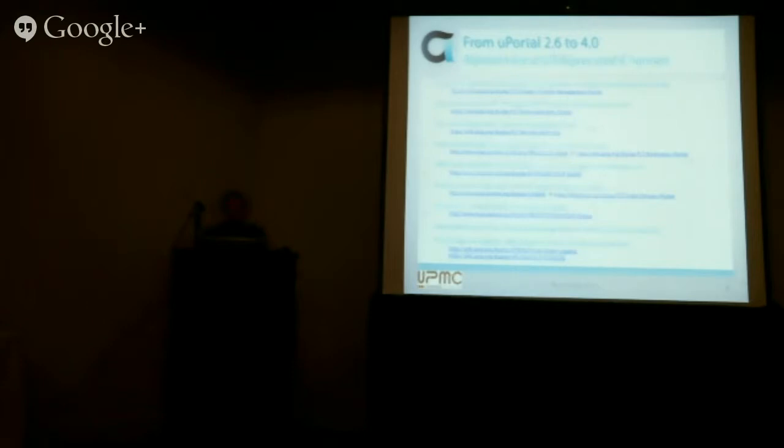We replaced our provider portlet by a simple content management portlet. We replaced the announcement channel by the announcement portlet, the news channel by the readers portlet, and we did that with all the duplicated assets. It's a big work. It's a very important work that we have done over one year.